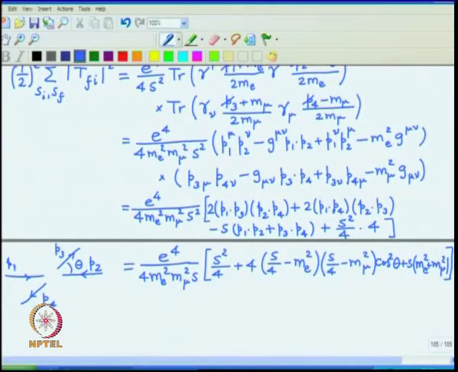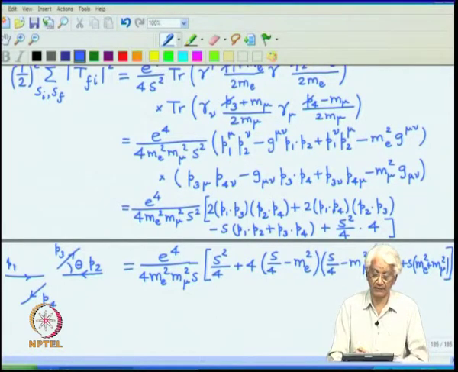And so, this is the completely simplified form in terms of the energy and the scattering angle and the masses.